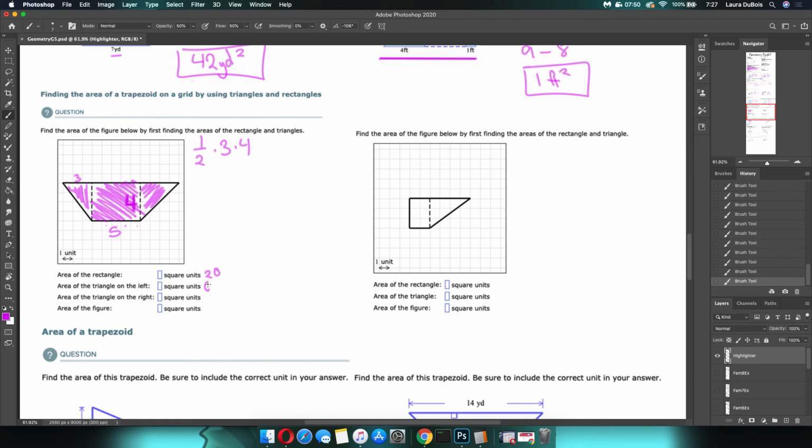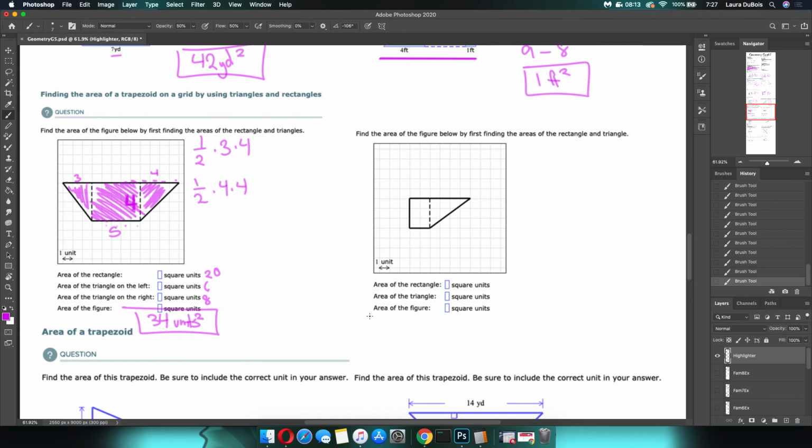Yep, 6. And then the triangle on the right, so that's 1, 2, 3, 4. So that's 1/2 times 4 times 4, which is 8. And hey, what is 20 plus 6 plus 8? 34 units squared is the total area for the trapezoid.